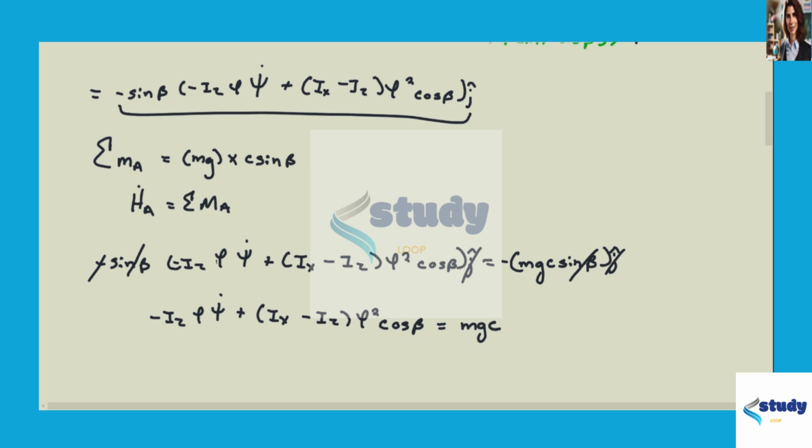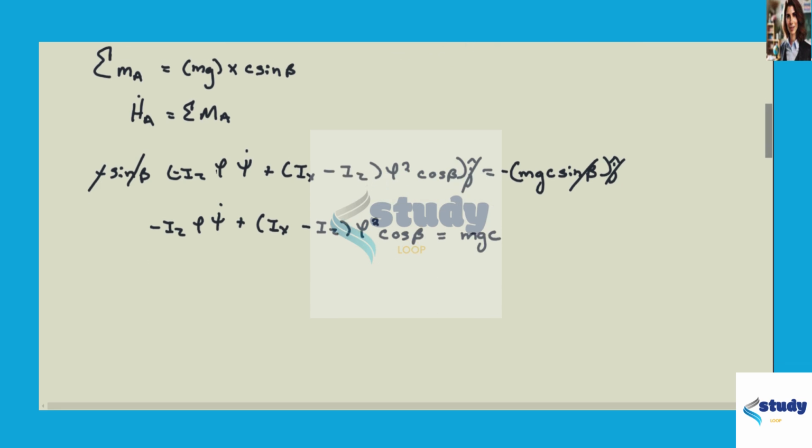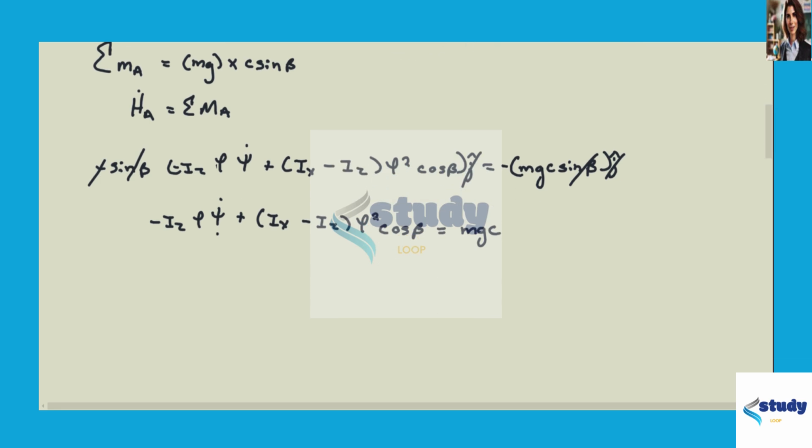And now we want to solve for this. So we get that as I_x minus I_z φ' squared cos β minus m g c, over I_z φ'.